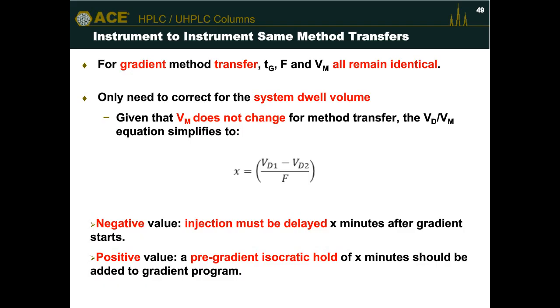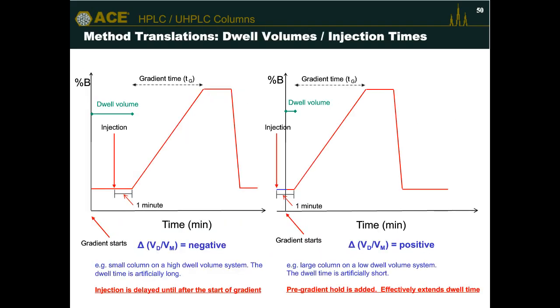If I show you this, this is my favorite slide. It actually describes it a lot more clearly. What you want the analytes to see is the same isocratic, so ideally the same dwell volume at the start, followed by the gradient profile. Now, if your second instrument has a bigger dwell volume, ideally you want to delay your injection.